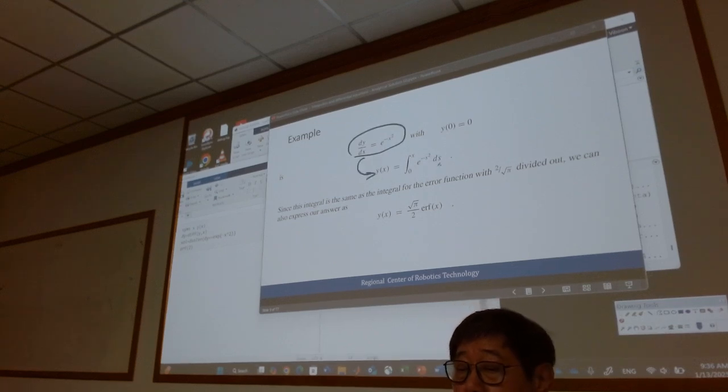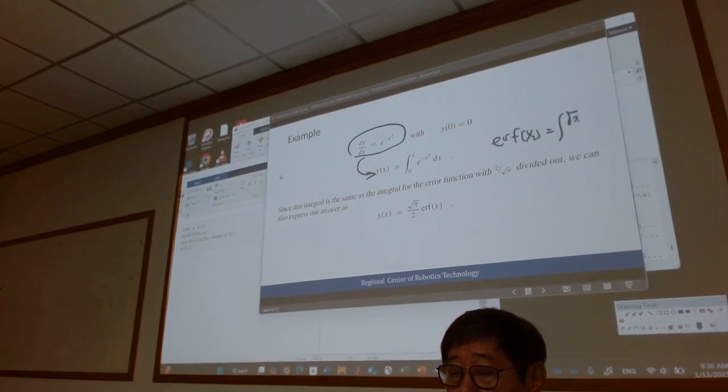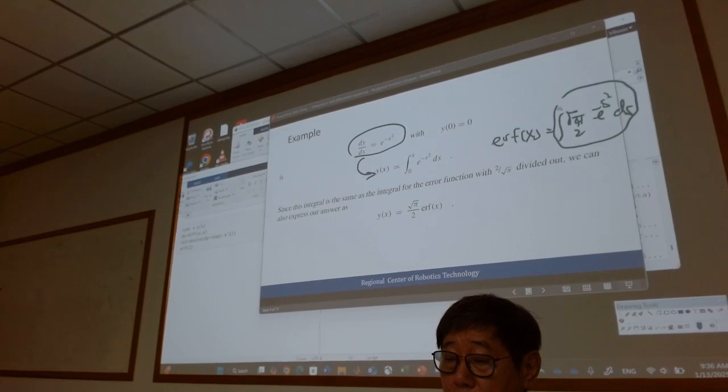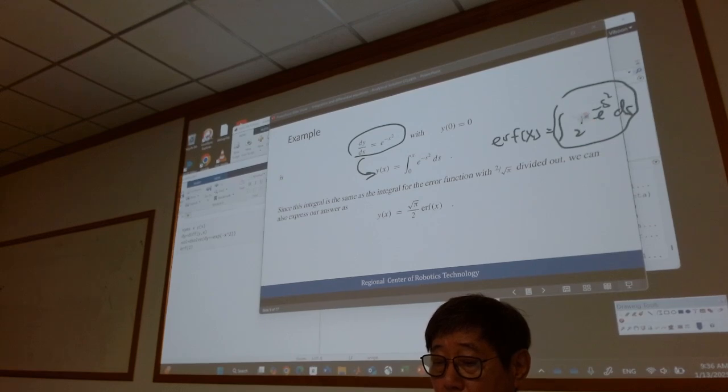So the solution of this one is this one, because it's not integrable. And we know that the Euler function of x equals what? Integral from 0 to x of e to the minus s squared ds. If you want just the integral of e to the minus s squared ds, we have to multiply by 2 over square root of pi.